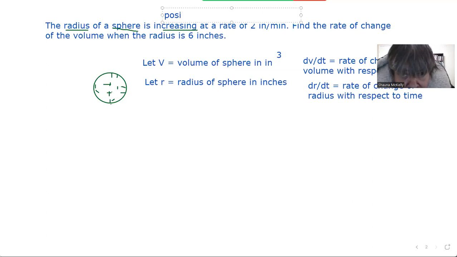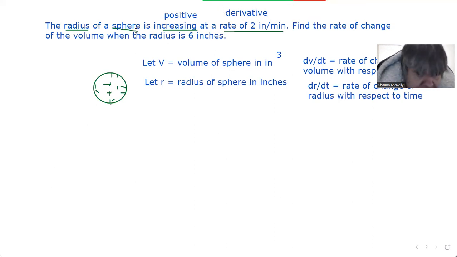Increasing is another word for positive. At a rate, okay, there's my keyword. This is one of those keywords. When you see a rate like this in a related rate problem, this is going to mean derivative. Okay, it's a derivative.